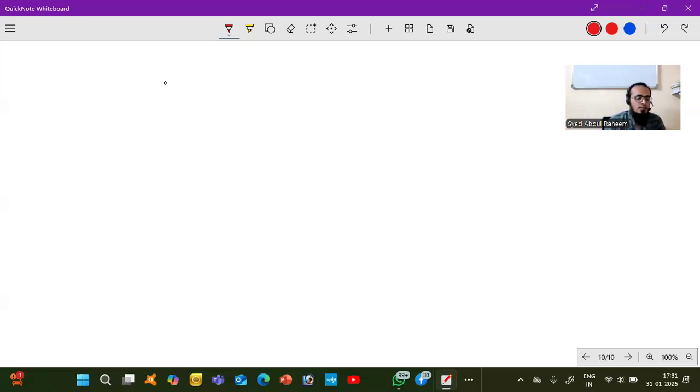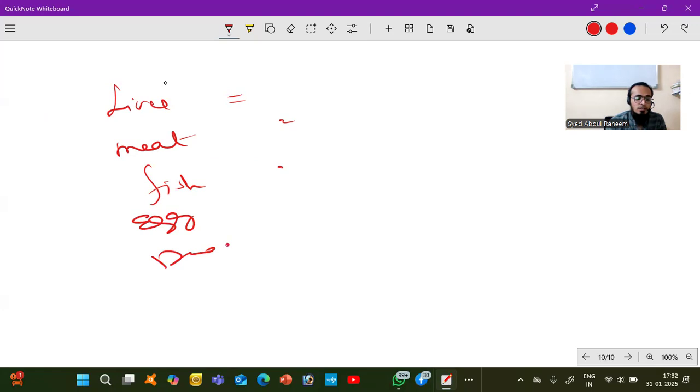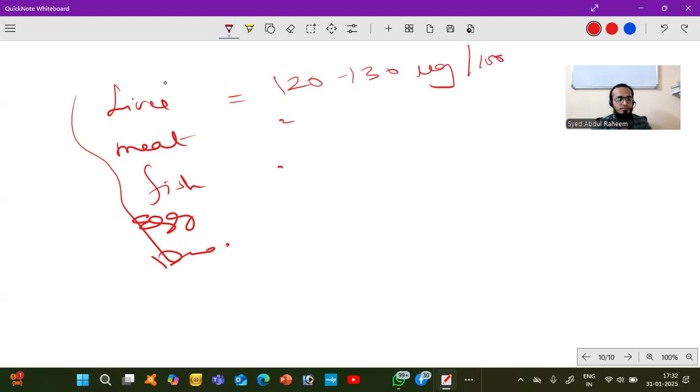Next is food. Which food has more vitamin B12? Liver. Liver has a very rich amount of vitamin B12. Meat. Next, fish. All the non-veg, mostly eggs, dairy products, milk, everything. These five foods have a rich amount, with liver having more than normal, 120 to 130 micrograms per 100 grams.